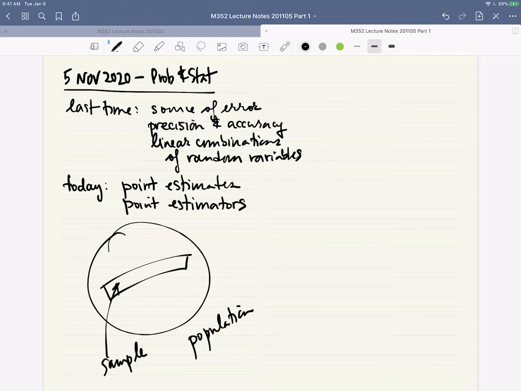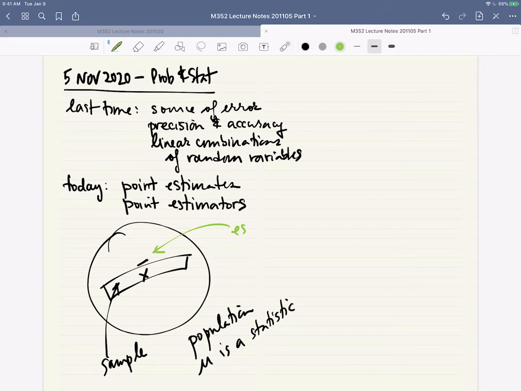Often we don't have access to the whole population, but we can have access to a sample. And then we can make our measurements of the sample. So the idea is the population has some statistic, like the mean of some measurement. And when we look at a sample, we estimate that statistic.